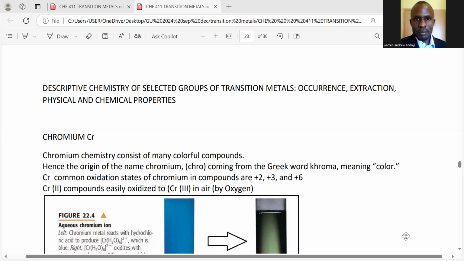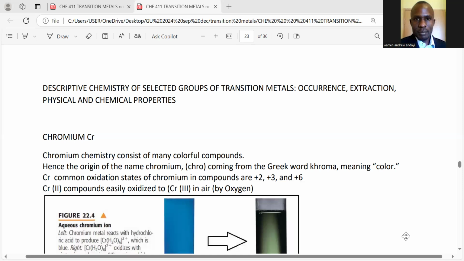Chromium chemistry consists of many colorful compounds. From the word chrome, which means color, like chromatography, remember chromatography, and so on. So it has a lot to do with color, which is why this metal was called chrome or chromium.